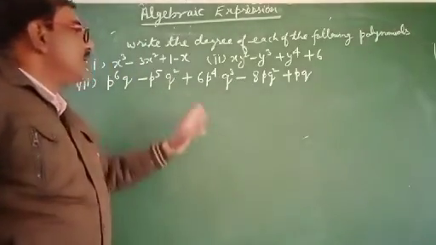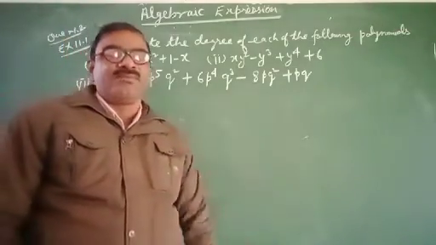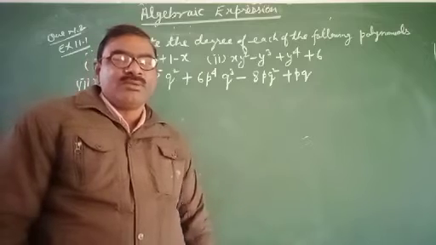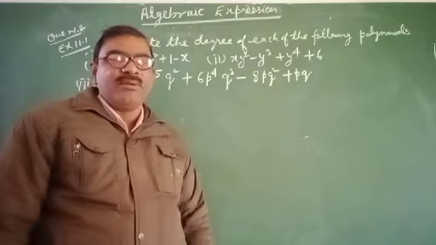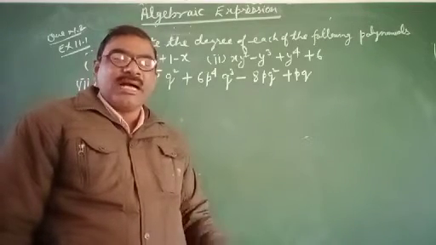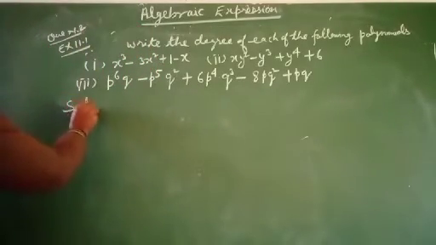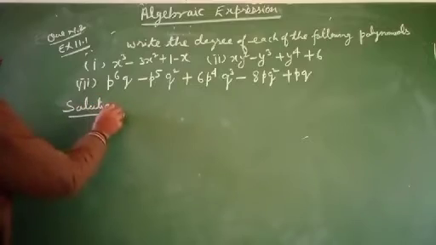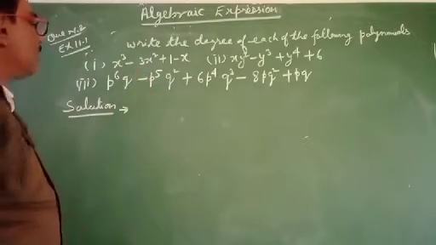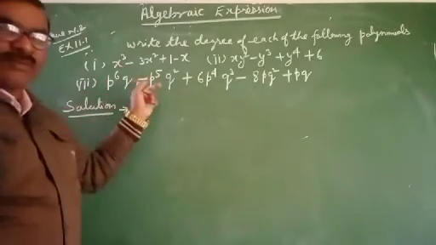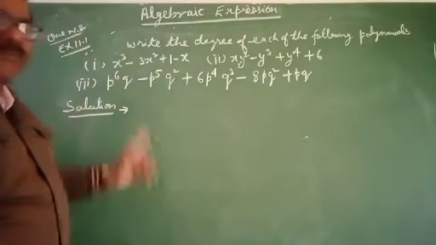We have to find out the degree of each polynomial. Dear students, I have already explained that the highest power of the variable in any polynomial is called the degree of the polynomial. So the solution will be: here in the first polynomial, the variable is only x, and the highest power of variable x is 3.